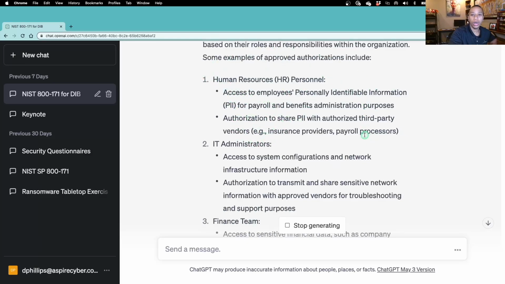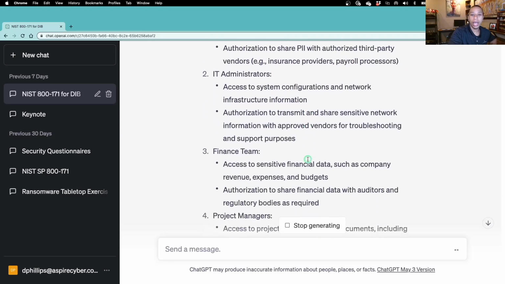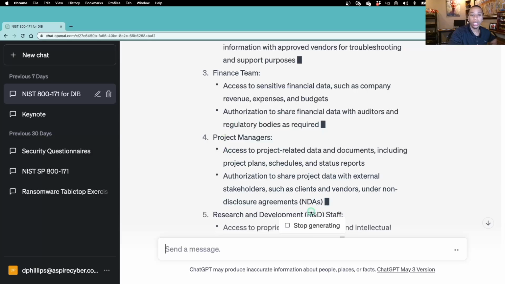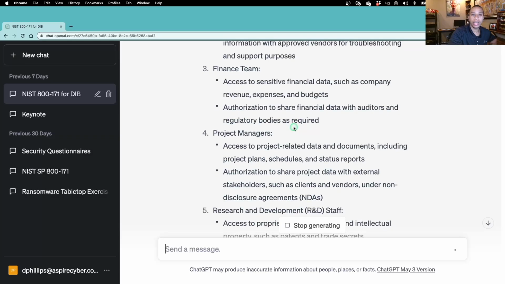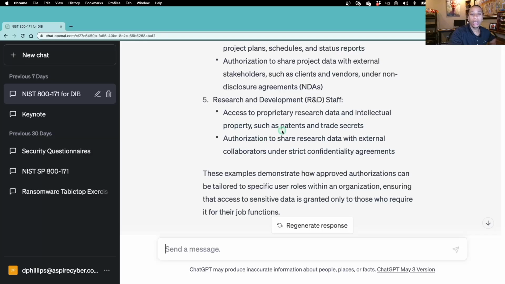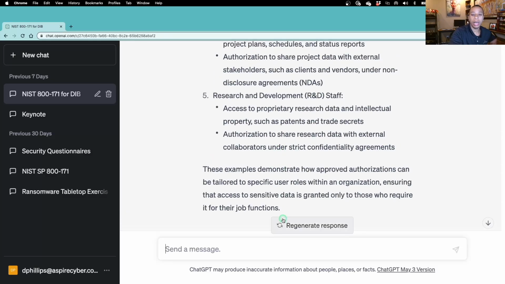If you're in HR, you have access to PII, and you're authorized to share that PII. IT administrators can access system configuration, financial. So you can see the importance of having role-based access controls and limiting the access and approved authorizations based on the role that an individual is in. These are just some examples.